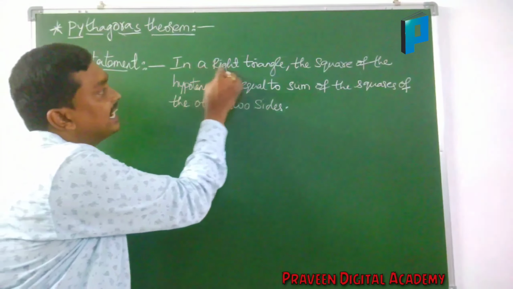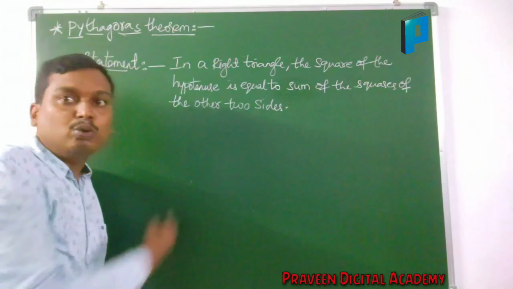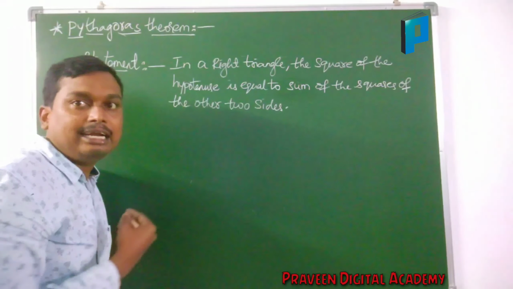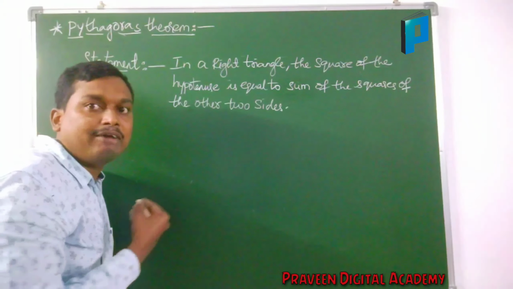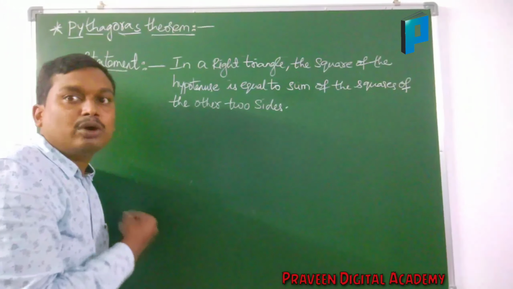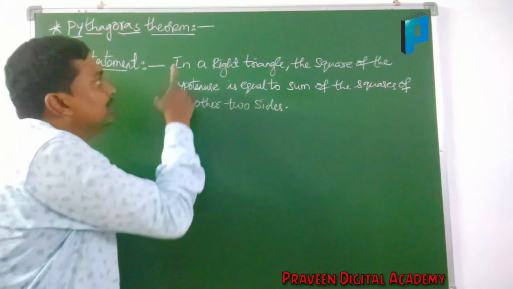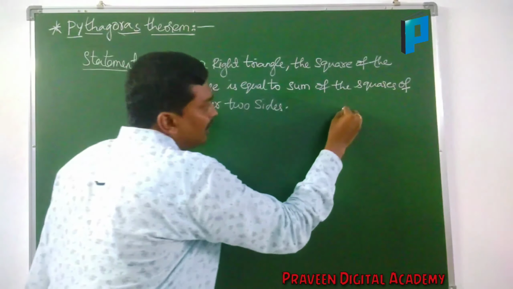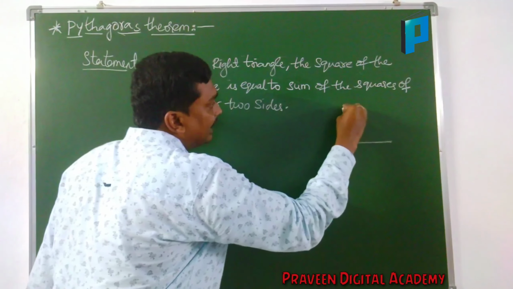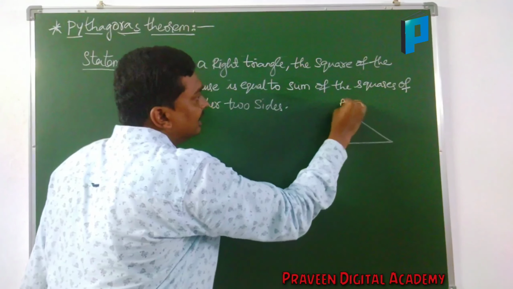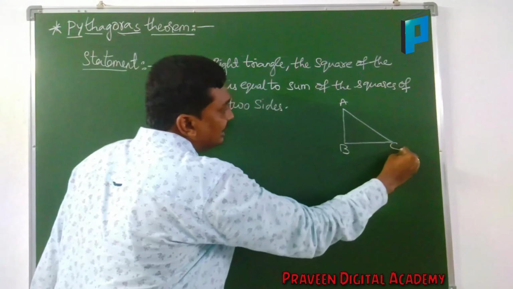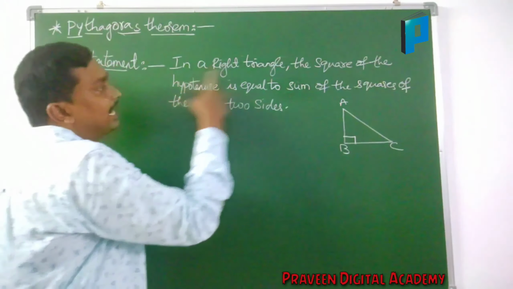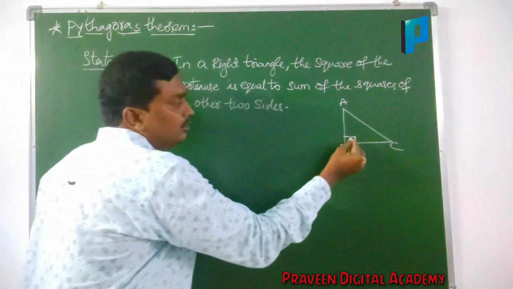What he is saying here, in a right triangle, means to prove the Pythagoras theorem, the triangle should be a right triangle only. If you are having a right triangle only, the Pythagoras theorem is applicable. Let us say ABC is a right triangle with the right angle at B. What is called the hypotenuse?